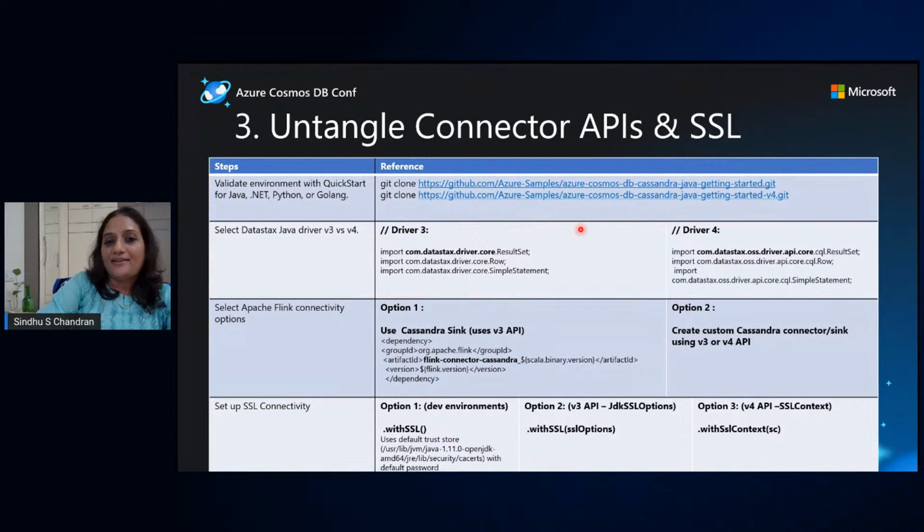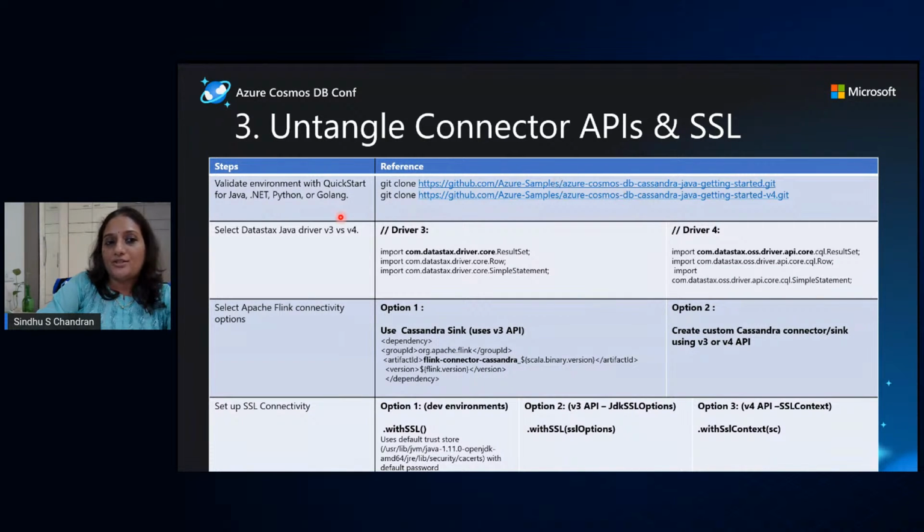Okay, and this is where I think as a developer, you would probably spend some time, because there are some differences here, and some changes might be needed to your code to make sure things work seamlessly. But very nicely, we have a lot of examples available here already. So the first thing I would do is take one of the sample applications which are provided to validate your connectivity in the Azure environment.